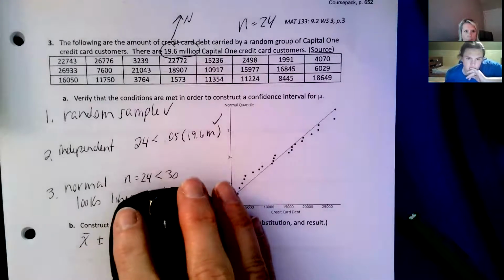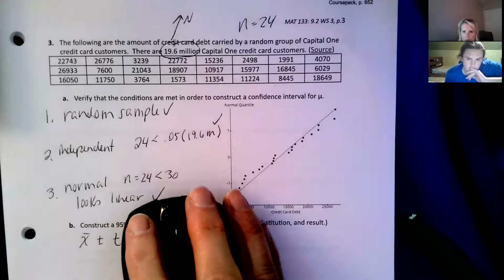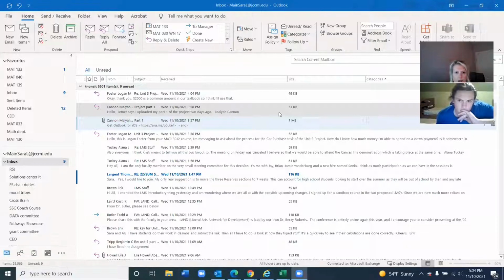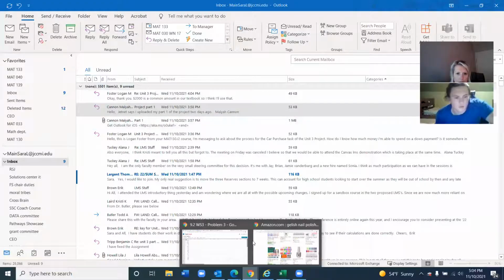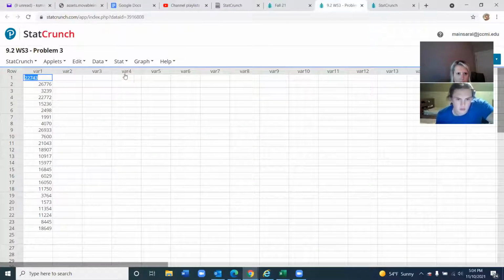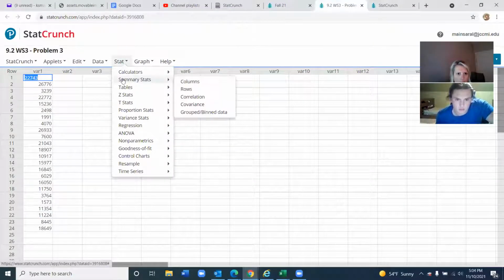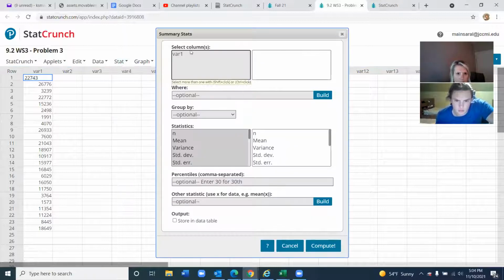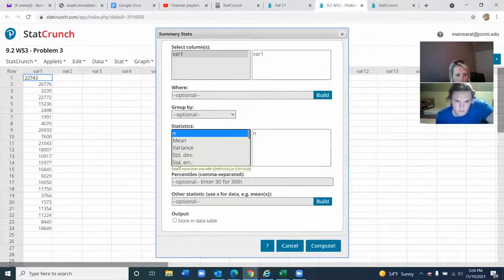I'm going to do that in StatCrunch. So with my data up, I'm going to go to summary statistics and columns, and I'm going to choose my variable, and I'm going to get everything through my standard deviation there.